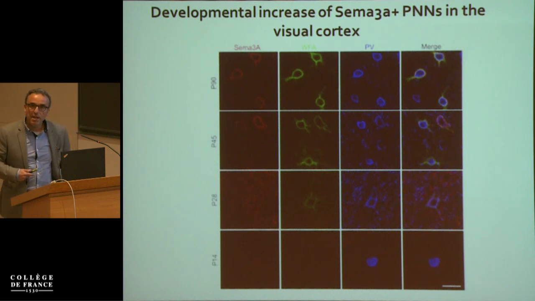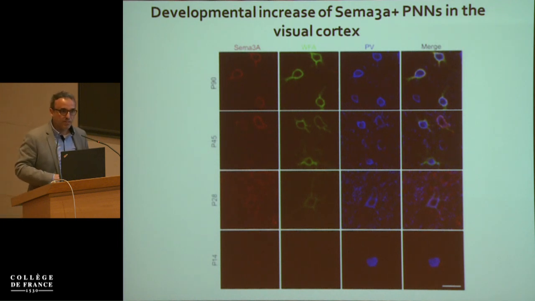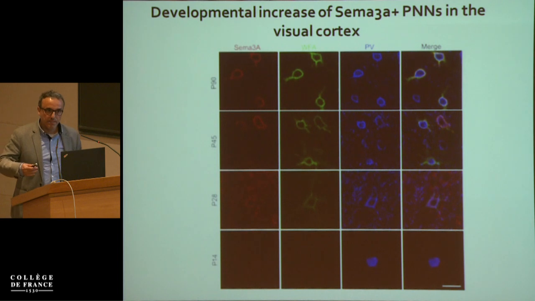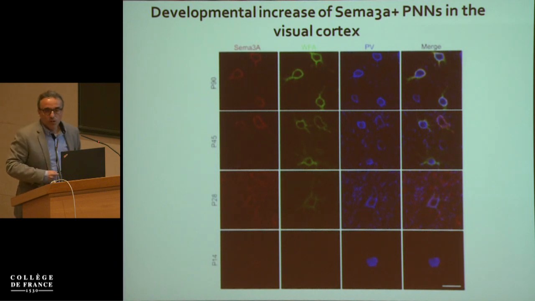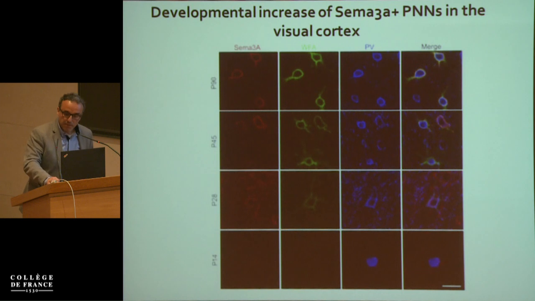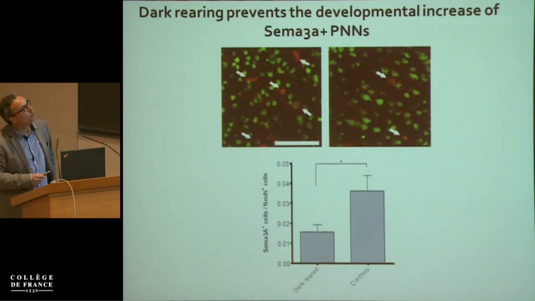And the SEMA3A expression in the visual cortex has really the same properties as the perineuronal nets. So this is the developmental increase from young to adult. And you see here the WFA, and you see here the SEMA3A. So it has the same developmental regulation as WFA, and also the same regulation by dark rearing.